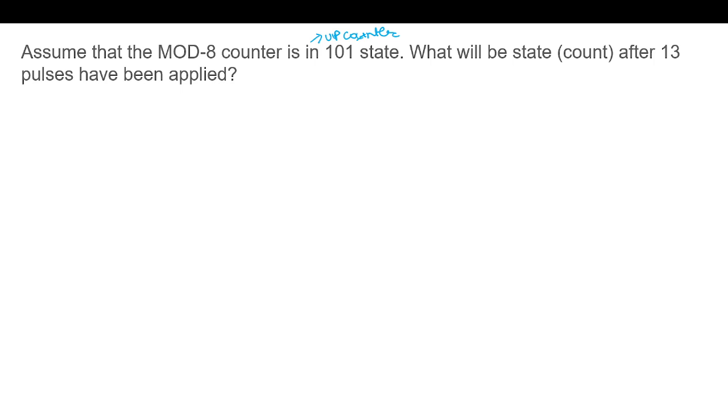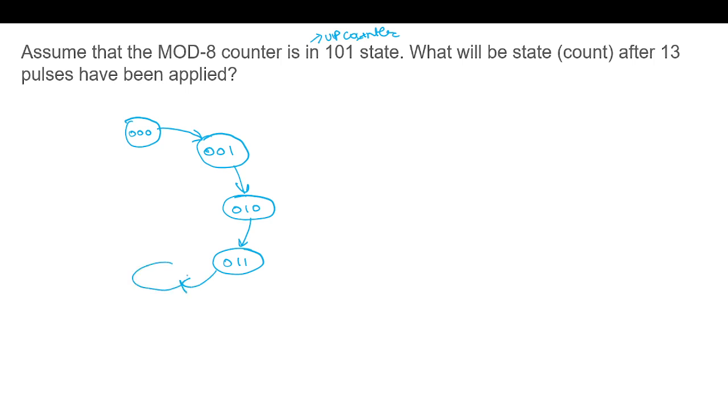So you know the state diagram for mod 8. If it is given as an up counter, it will count 0, 1, 2, 3, 4, 5, 6, 7 and back to 0.